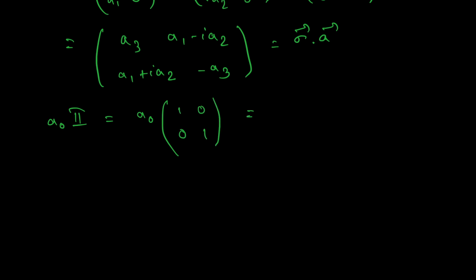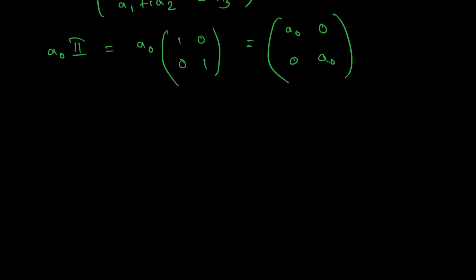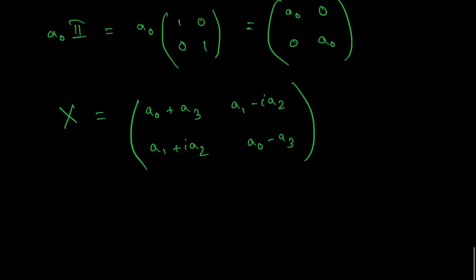So this will be A naught 0 0 A naught, right? Now X should be equal to the addition of those two matrices. So it will be A naught plus A3, A1 minus iA2, A1 plus iA2, and A naught minus A3. So this is our X matrix, which is a 2 cross 2 matrix.